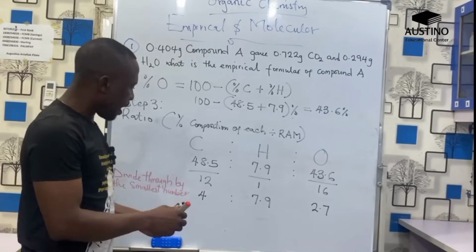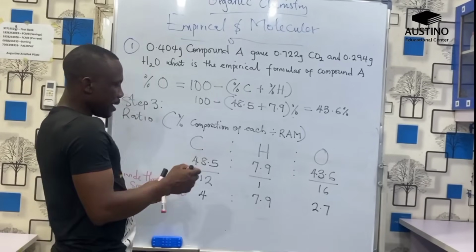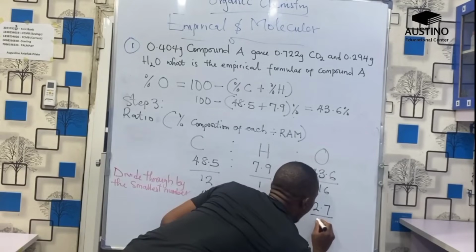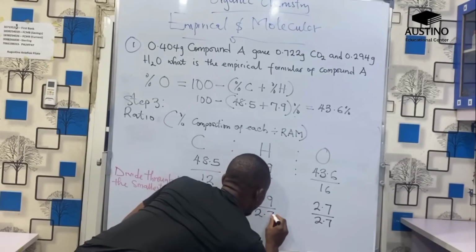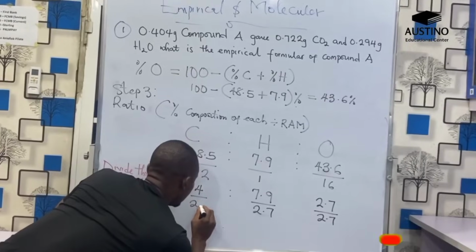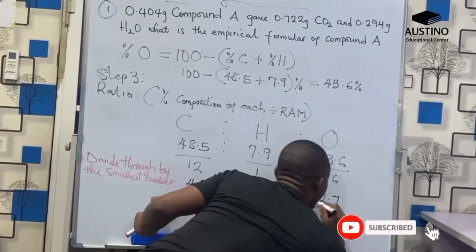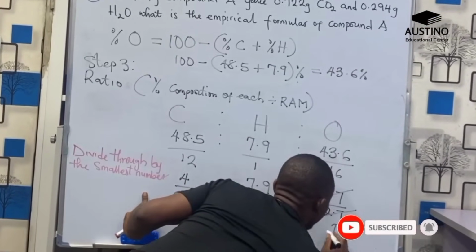So when we divide through by the smallest number, here it is 2.7. So we divide all through by 2.7. If 2.7 goes with 2.7, we are going to have 1.